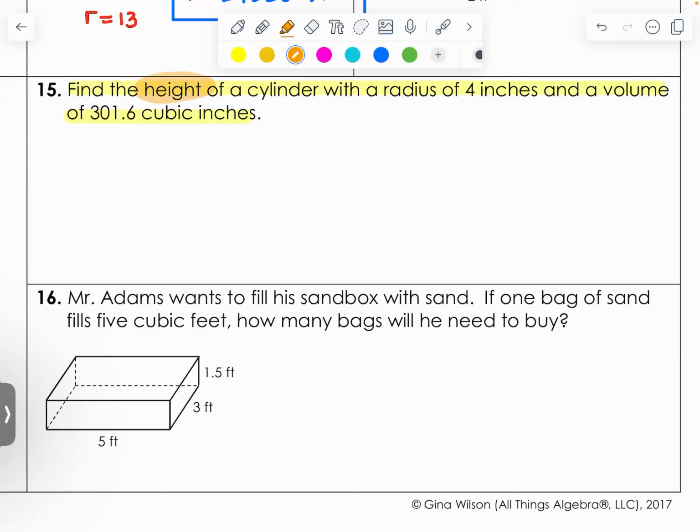Oh, so you divided. You forgot to square your radius, so this should be 16 because it's R squared.